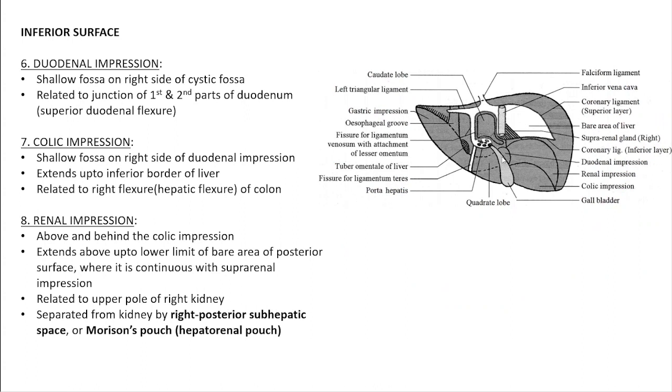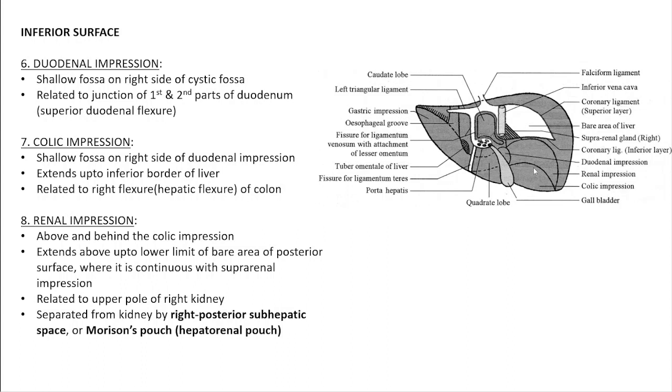Then we come to the remaining three impressions: the duodenal impression, the renal impression, and the colic impression. The duodenal impression is immediately to the right side of the cystic fossa, related to the superior duodenal flexure. The colic impression is a shallow fossa to the right of the duodenal impression, and it extends up to the inferior border. Yes, this is the colic impression, this one is the renal impression.